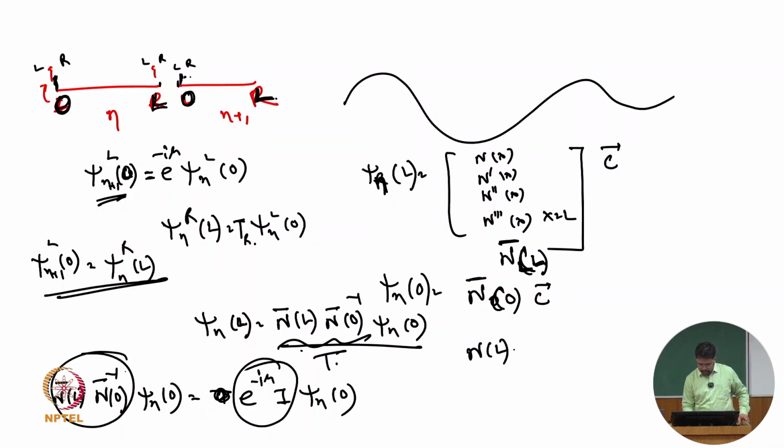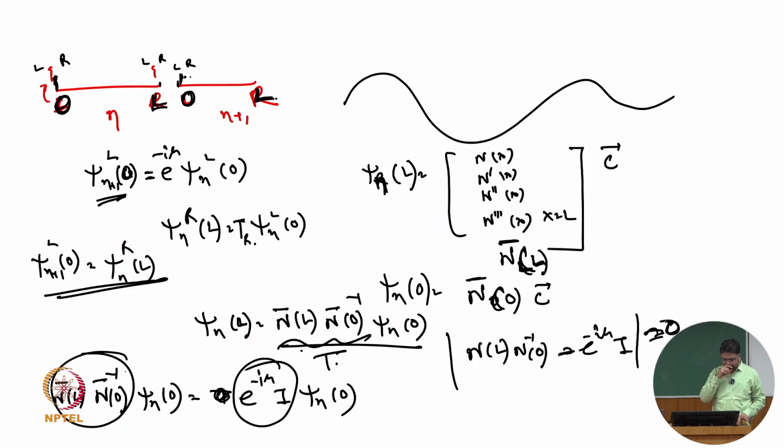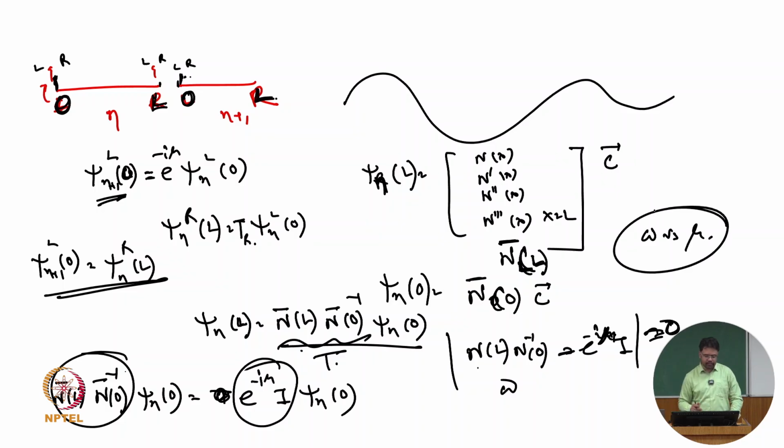So N L into N inverse 0 minus e to the power I mu times I is equal to 0. And in that N L, there is your frequency. In that N L, what is there? Yeah, there is the omega term and there is a mu term. So here you can find out omega versus mu, and you can get the dispersion plot.